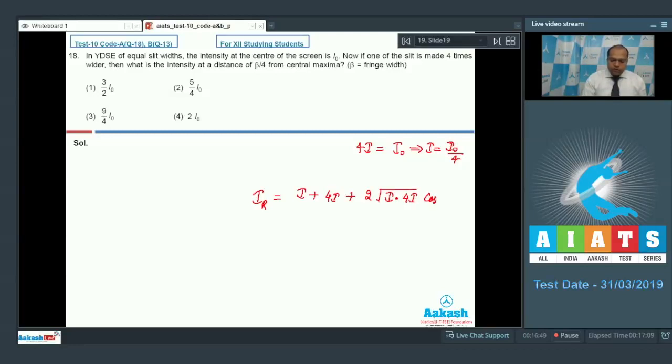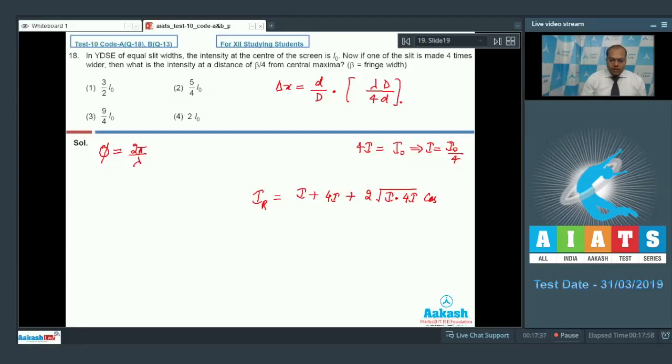into cos of phi. Now we have to find the value of phi at a distance of beta by 4 from the central maximum. So phi is equal to 2 pi by lambda into delta x, and delta x can be written as x d by capital D. So d by D into x, where x is beta by 4, which is lambda D by d, divided by 4.